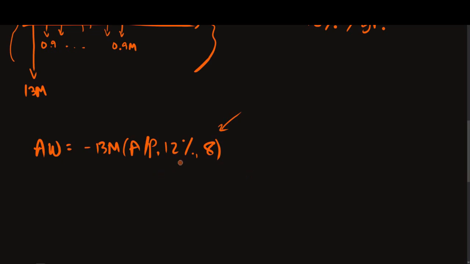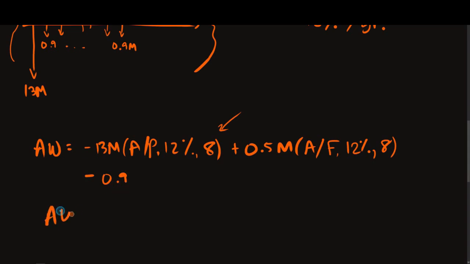You could break this down into capital recovery if you wanted to. Then I'd say plus 0.5 million, and this is A given F at 12% in period 8. Now I just have to add in the costs per year, 0.9.